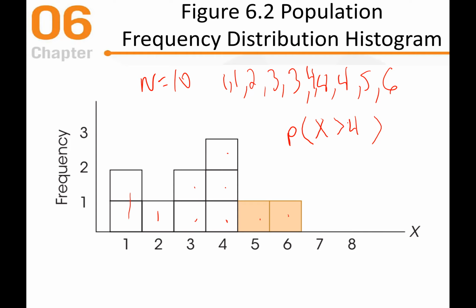So that's how the notation would look. The probability would be simply to look at all the scores that are greater than 4. We have 2 scores that are greater than 4, 5 and 6.